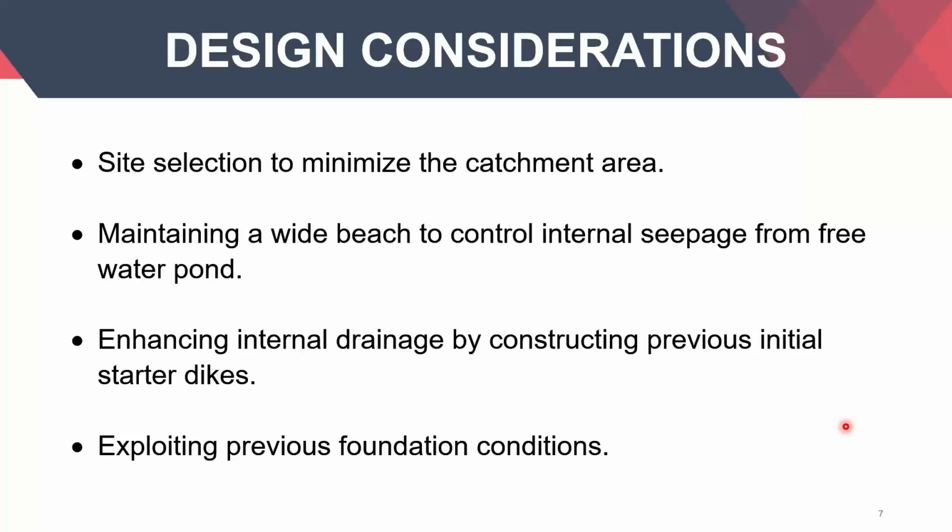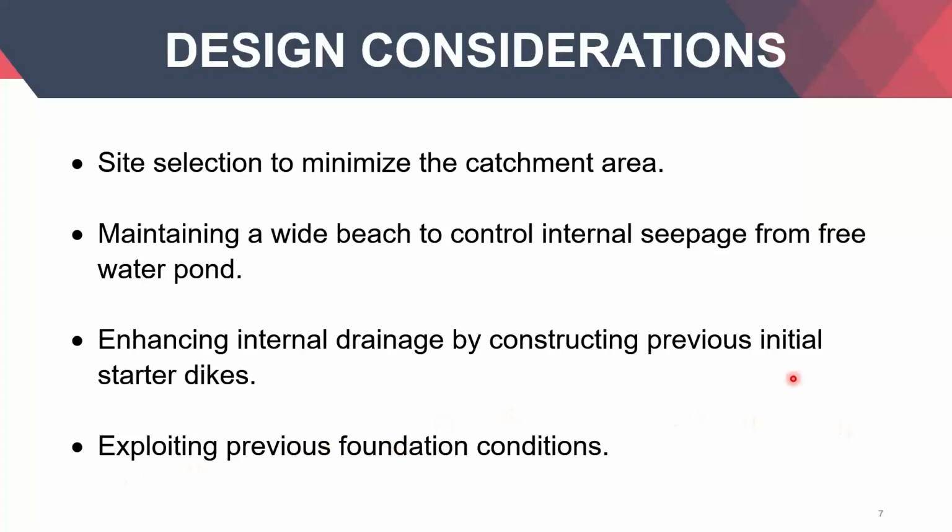Also, we have to maintain a wide beach control to check the internal storage, because there will always be seepage from the pond. Then the starter dike is first constructed, and then the segments are built on top. Also, the starter dike acts as a good place for drainage. We will come to that in later stages.